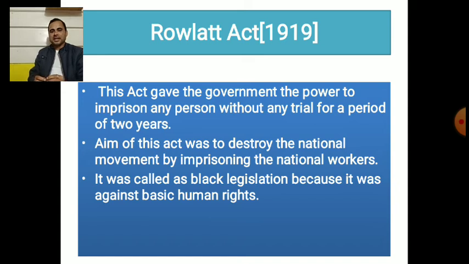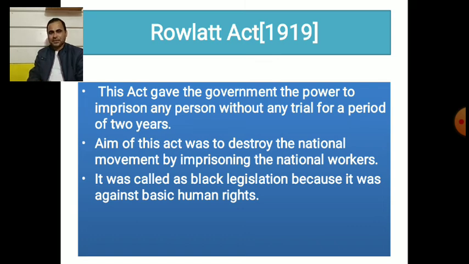Another important objective of the Rowlatt Act was to destroy the national movement by imprisoning the national workers. Now when we talk about national workers, here all those people who were fighting for the freedom of the nation, who wanted that our country should not be ruled by any colonial rulers or any external powers.